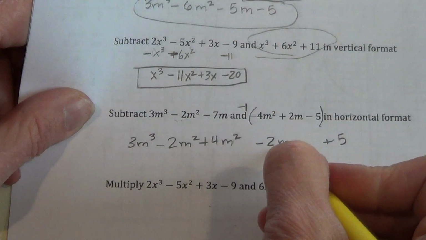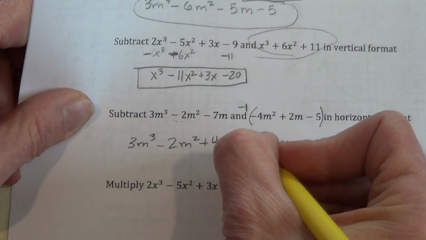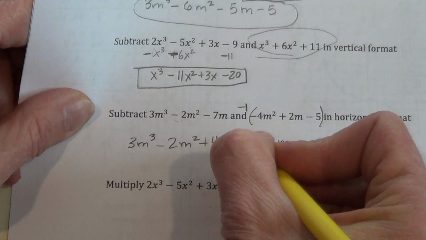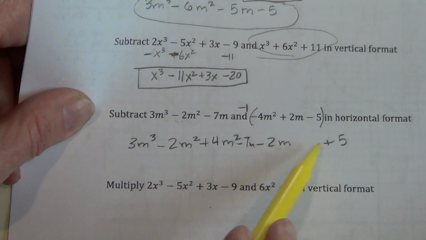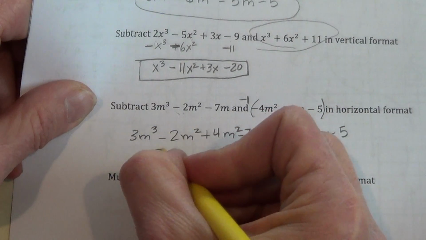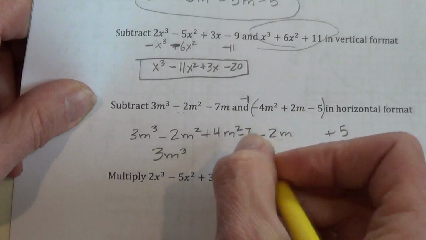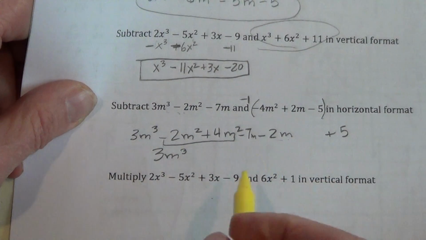Now I have a negative 2m, I also have a negative 7m. And then that plus 5 is by himself out there, there's no other constant, so I just don't forget him. I bring down my 3m cubed. I take my negative 2 and my positive 4.